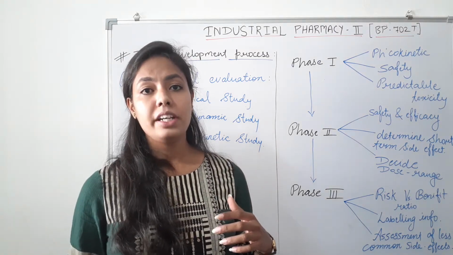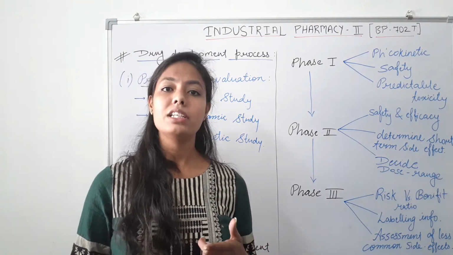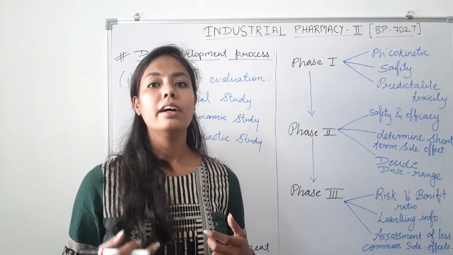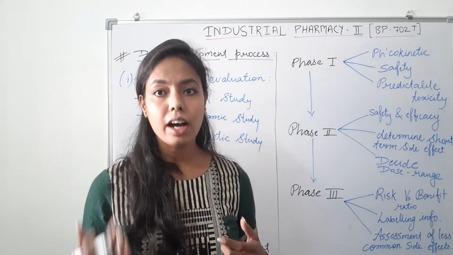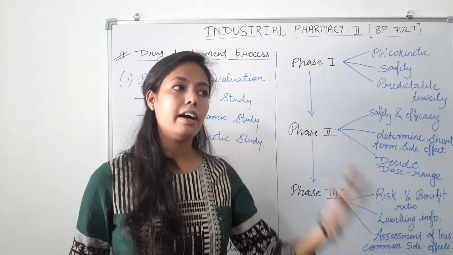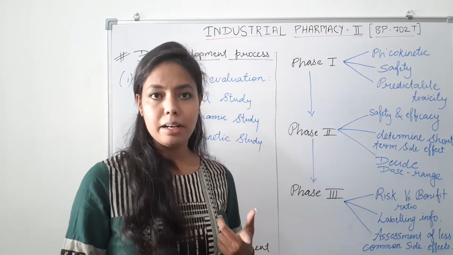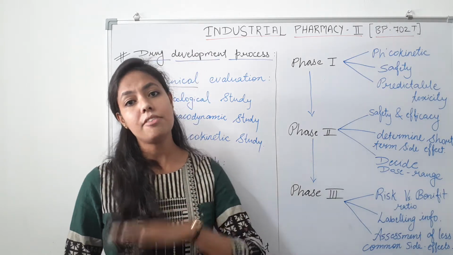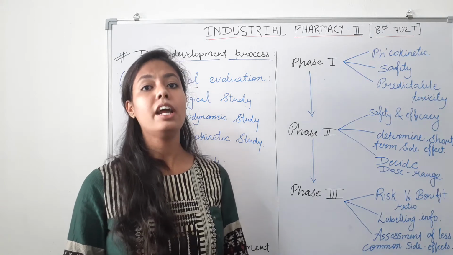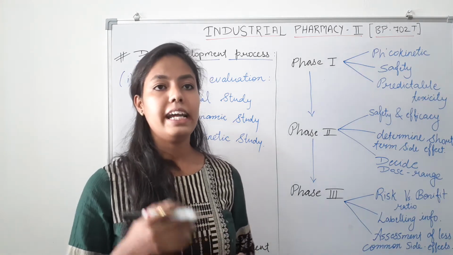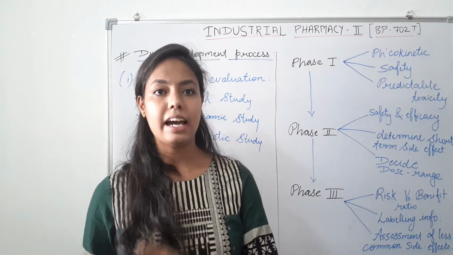Before proceeding for the clinical trials, the investigational new drug application is submitted to the regulatory authorities. In the United States, it is the Food and Drug Administration, whereas in India it is the Drug Controller General, Government of India, that is called DCGI.